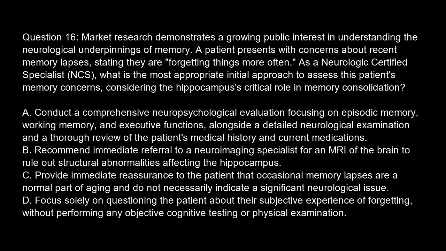Option C. Provide immediate reassurance to the patient that occasional memory lapses are a normal part of aging and do not necessarily indicate a significant neurological issue. Option D. Focus solely on questioning the patient about their subjective experience of forgetting, without performing any objective cognitive testing or physical examination.